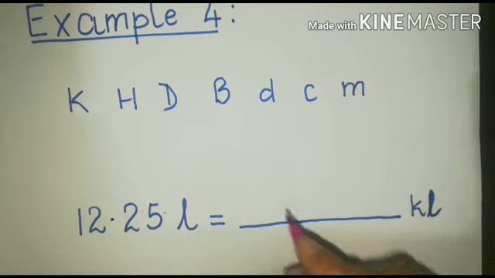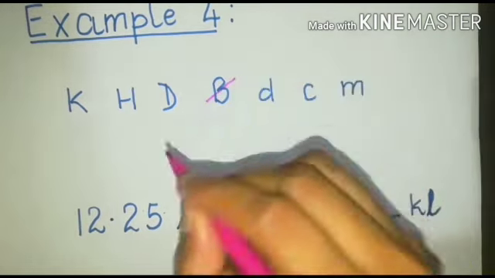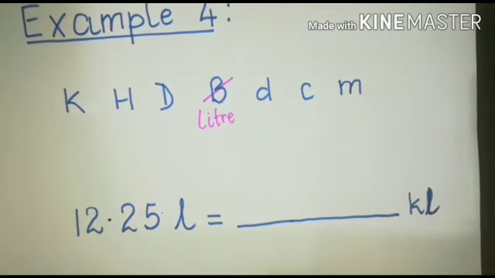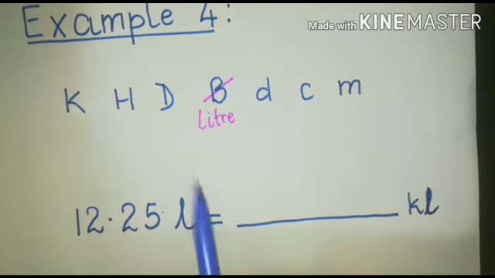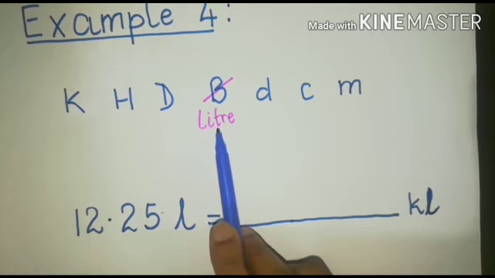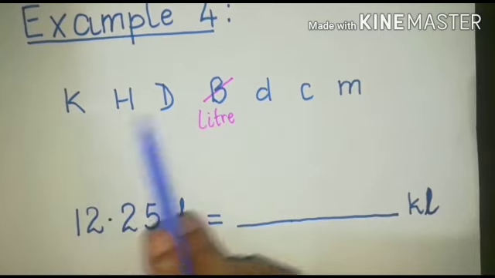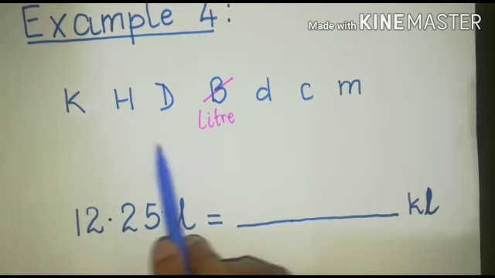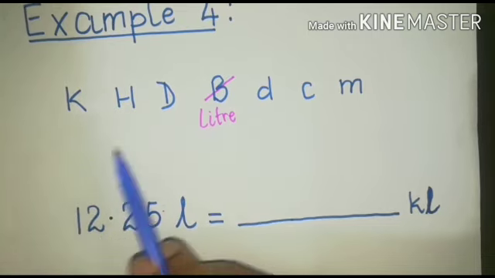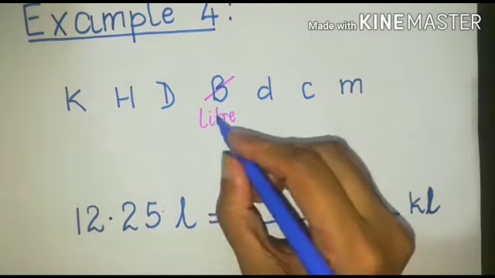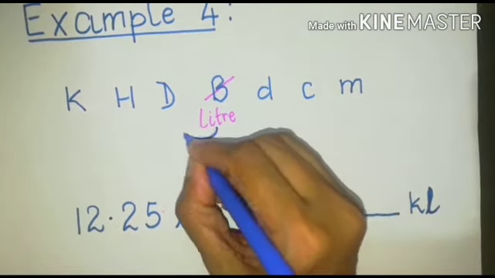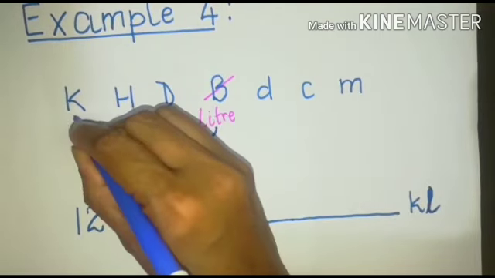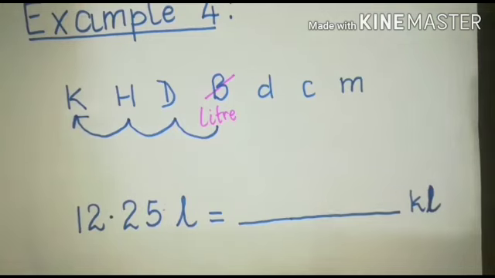Since the base unit is liter, I will cut B and write liter. Again, you will notice that I have to move from liter to kiloliter. That means I'm moving backwards. In other words, I'm going backwards or to the left hand side. So I move one place, 2 places and 3 places backward.